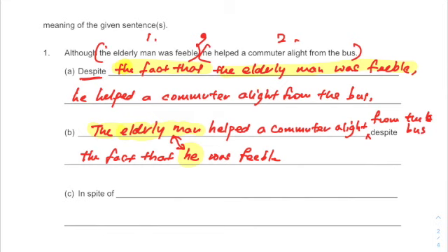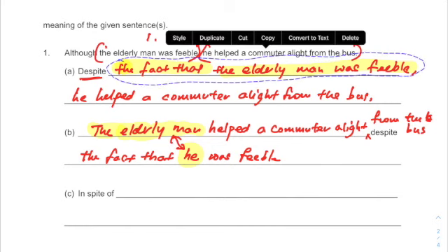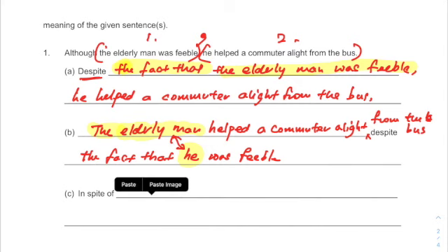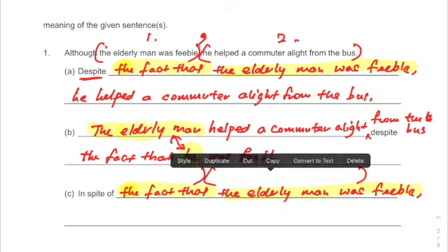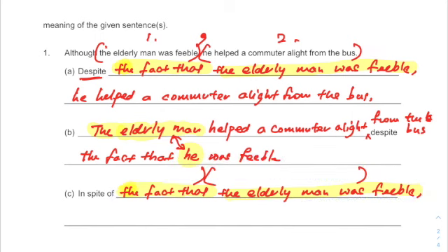All right, let me just do a bit of a shortcut. I'm going to cut this portion here, and I'm going to copy this here. Okay, in spite of the fact that the elderly man was feeble, comma, and same thing over here.